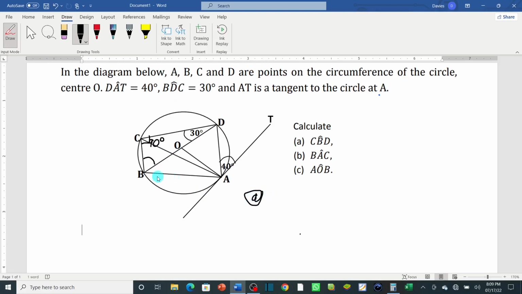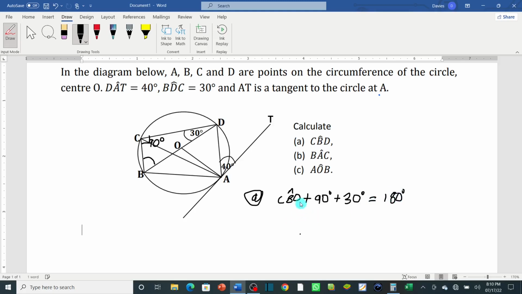So we are going to say angle CBD plus this 90 here, plus this 30 here, must give us 180 degrees.